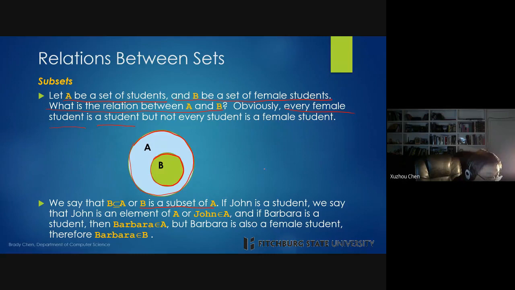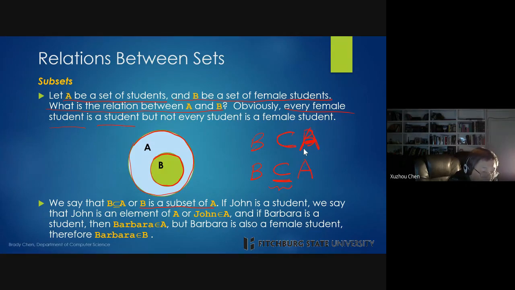And normally we use the notation for subset, which is just like a U put upside down. Now, sometimes you will see that B is a subset of A with that notation, and sometimes we put a bar underneath.